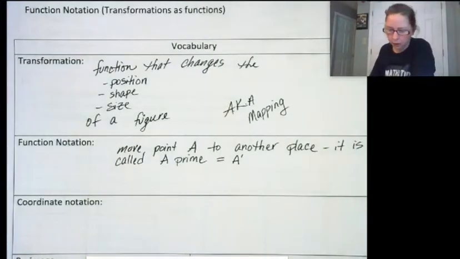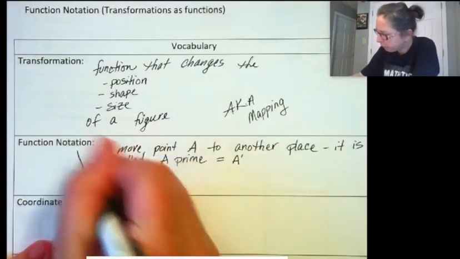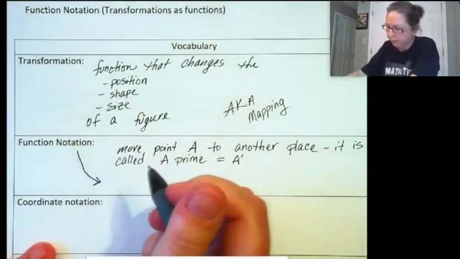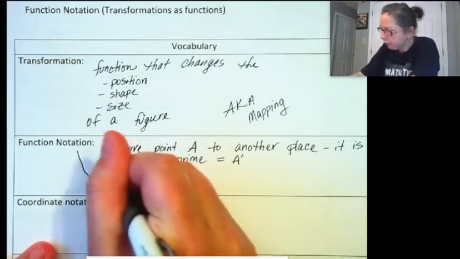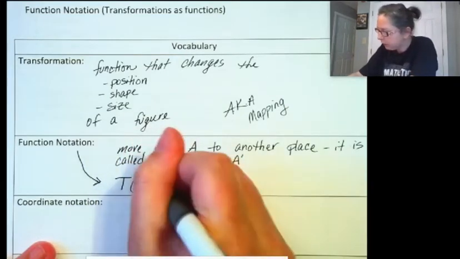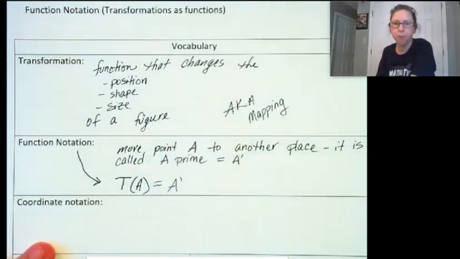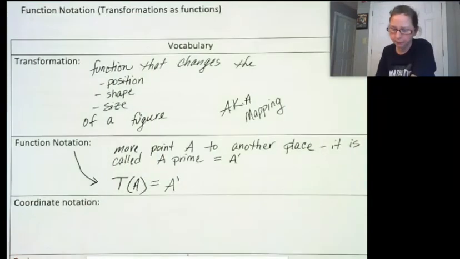Okay. So function notation looks like this. I would say the function T of A is going to move to A prime. That's how I would write that.